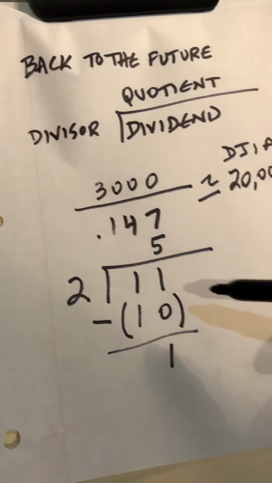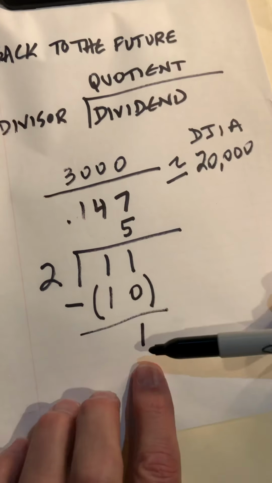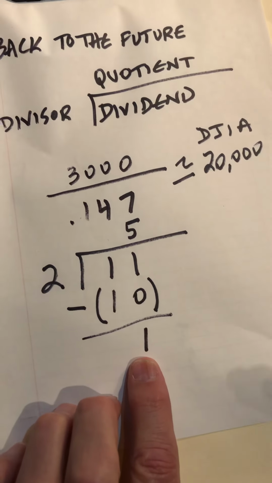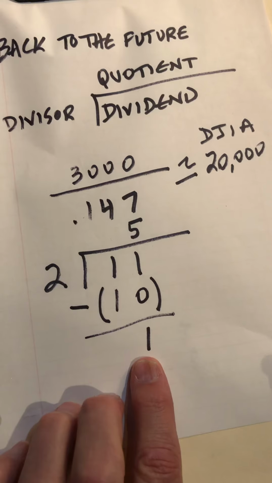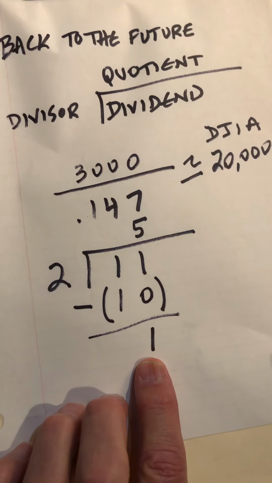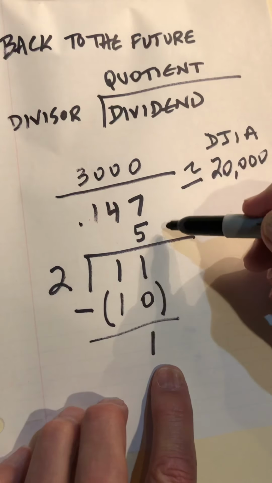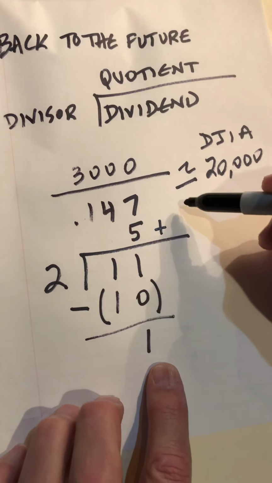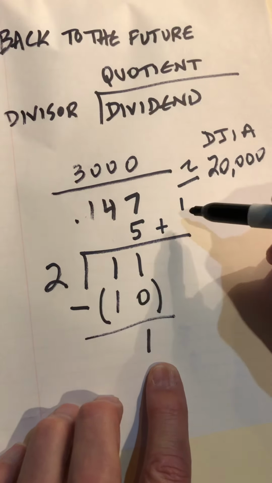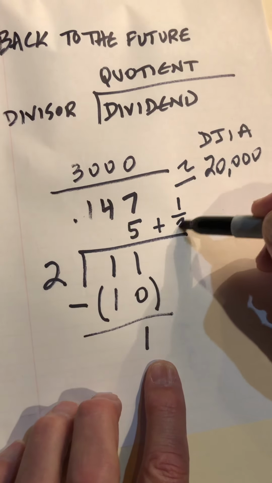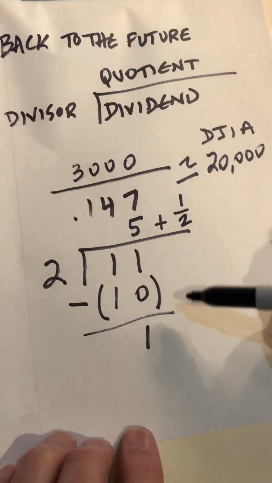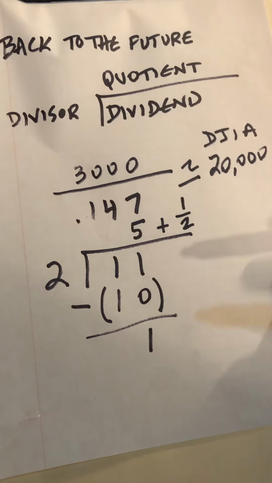So now what you have to do is figure out, what do you do with this 1? Some of you say, well, that's a remainder. And that's true. It could be 5 remainder 1. But what it really is is 5 plus the 1, which is the remainder, over 2. In other words, it's half of another one.